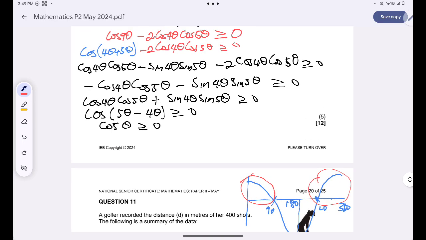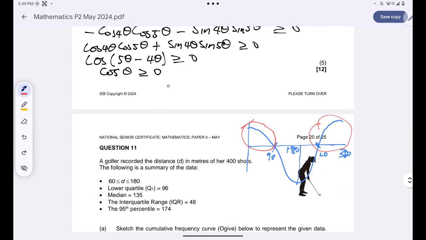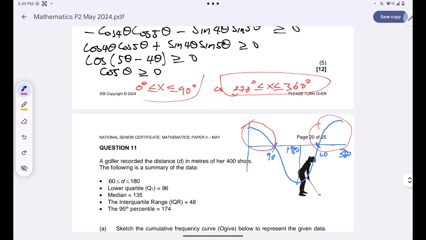So the answer to this, guys, I'll simply say x is between 0 and 90, or x is between 270 and 360. These are the answers to that question.